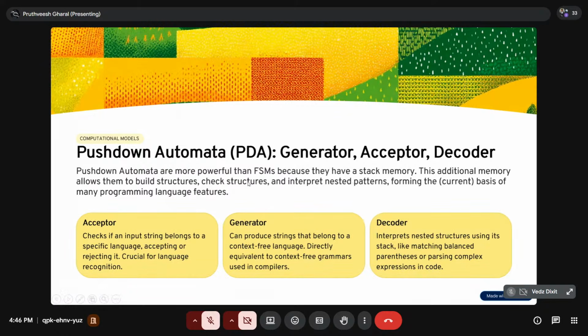Now, how is it a decoder? Let's say I gave a pushdown automaton this paragraph and I asked it to find the number of sentences in this paragraph. So let's read this paragraph. Pushdown automata are more powerful than FSMs because they have a stack memory.